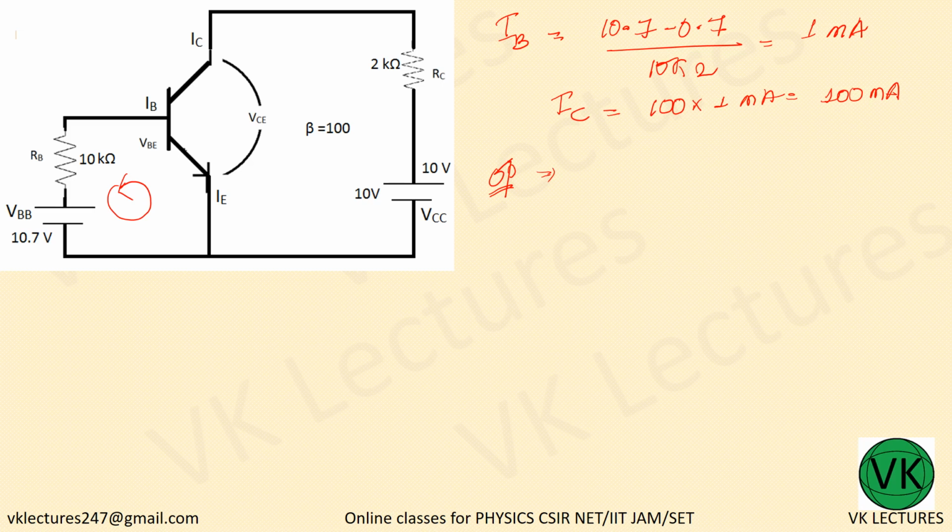So 10 volt is equal to 2k into 100 milliampere plus VCE. Now what is the value of VCE? VCE equal to 10 minus 200.